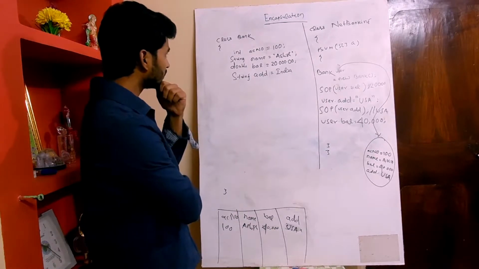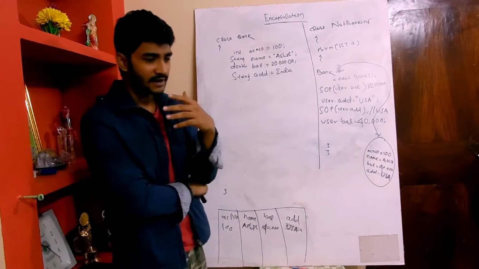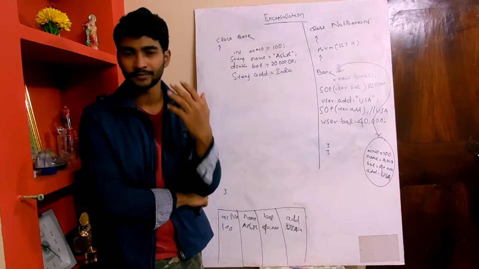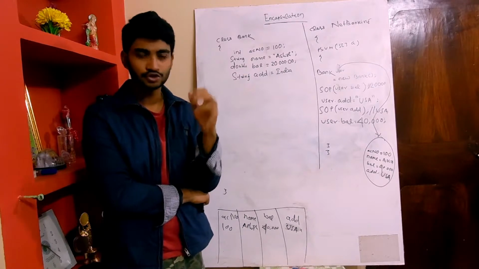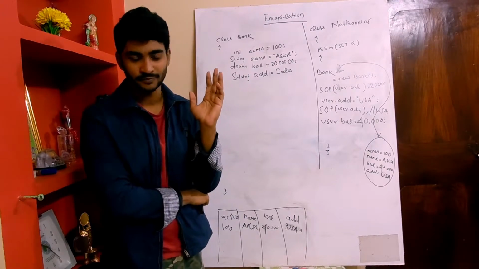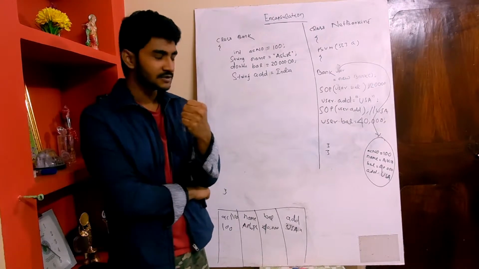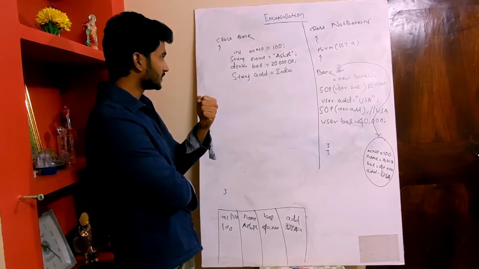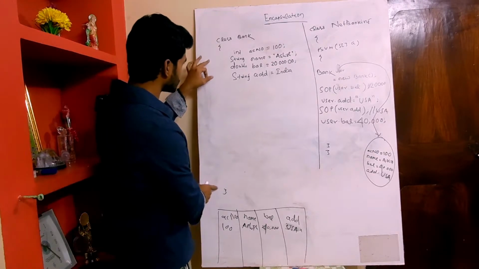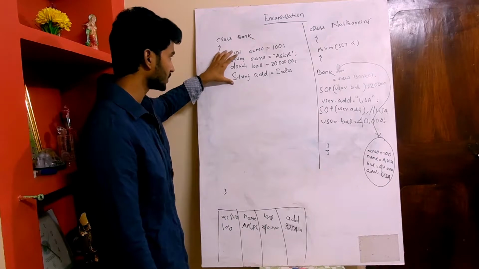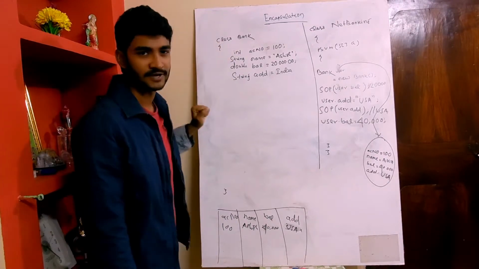So I thought, what to do in this case, how to make this thing secure? Then I thought about one of my professors in my computer science department. When I was in my engineering days, there was a professor who told me about the OOPS concept. In the OOPS concept, I found one thing: if you want to make your application secure, or your properties, or your variables secure, you need to make them private.